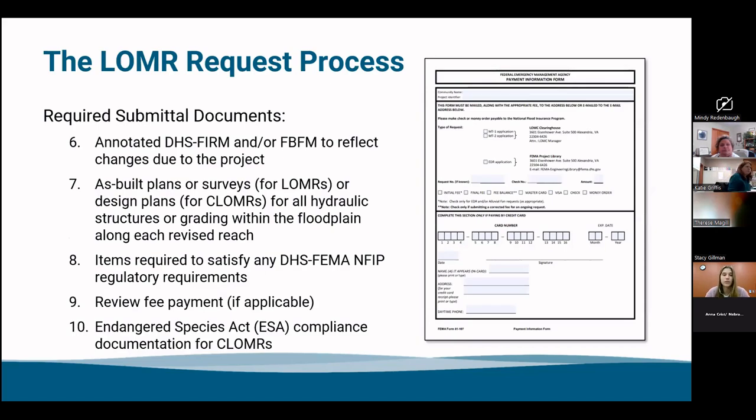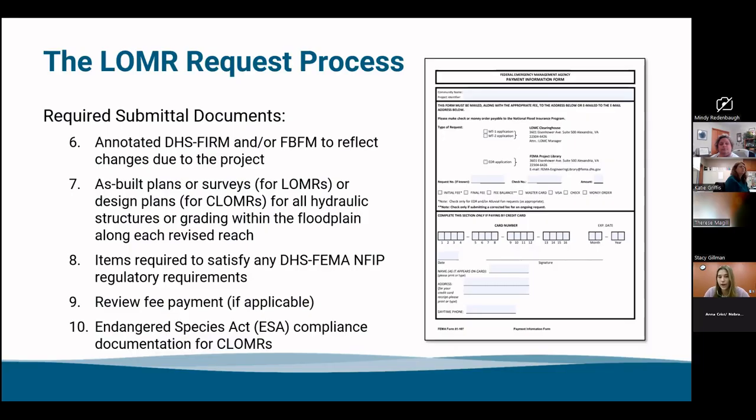Other submittal documents are going to include, again, that annotated FIRM panel or flood boundary floodway map to reflect the changes that the project is causing. Any as-built plans or surveys need to be submitted if it is for a letter of map revision, or the design plans have to be submitted if it is for a conditional letter, for all hydraulic structures or grading within the floodplain along each revised reach.